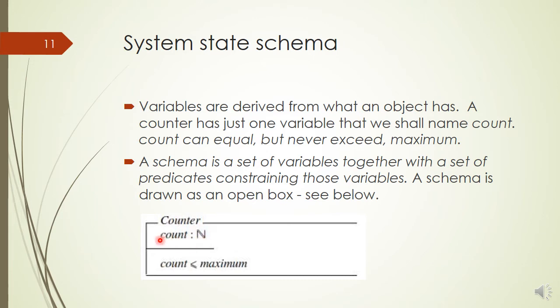So this is basically an integer variable, a positive integer variable. And in predicate part, we have an invariant property about the counter, that count must not exceed its maximum limit.